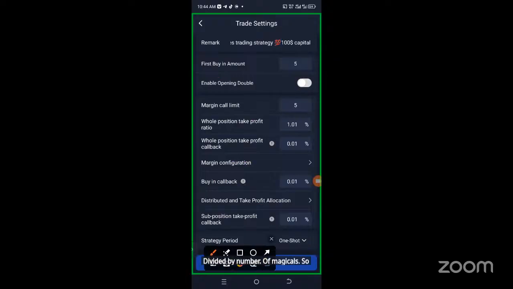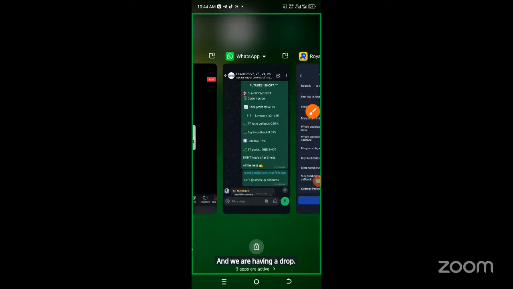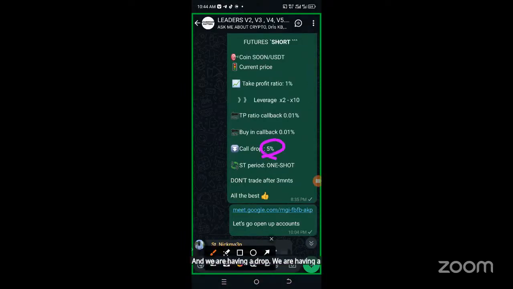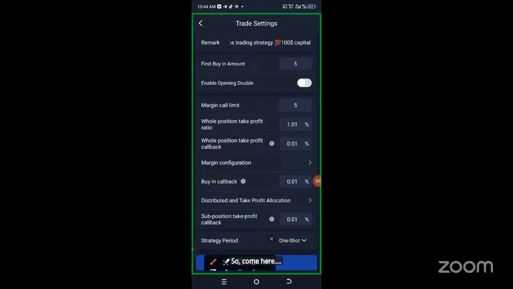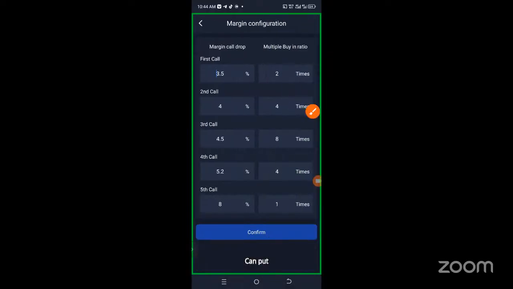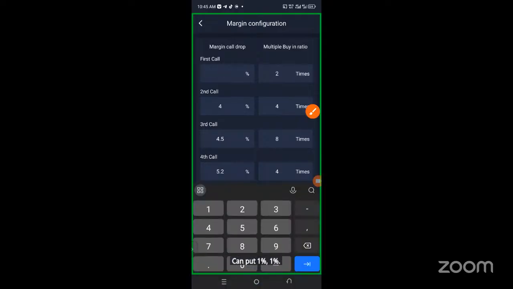So if our margin calls are 5 and we are having a drop of 5, that means it is 5 divided by 5, and that is a way of getting the drop percentages. So come here and save. Put 1%. That is 5 divided by 5.